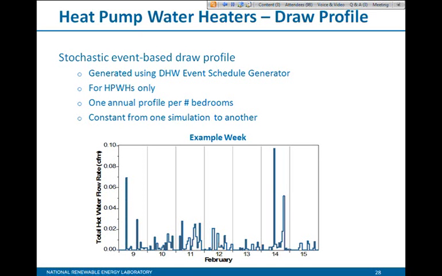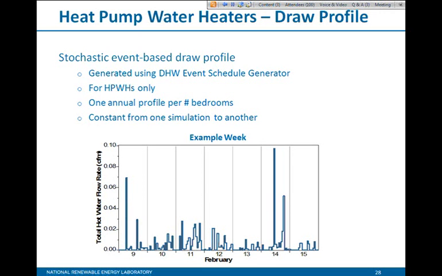And you can see an example of the draw profile, an example week here, that shows that there is day-to-day variation, and some days have more extreme events where you'll more likely trigger the electric resistance elements to be used. And there's one of these profiles for each level of occupancy, as indicated by the number of bedrooms. And this draw profile, this year of events, is constant from one simulation to another.